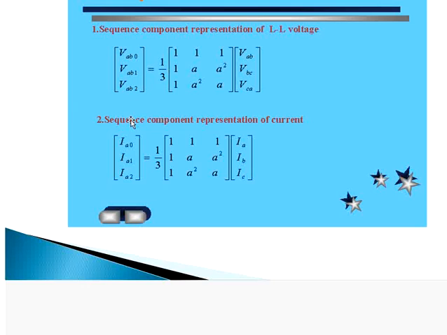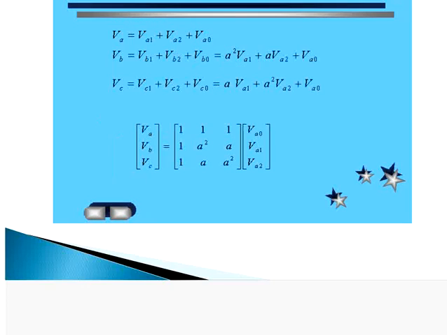Now the sequence component representation of the current. I can derive this with the help of the currents or with the help of the voltages. The same thing is applicable for currents and for voltages. Instead of VA0, VA1, VA2, here it goes IA0, IA1, IA2.